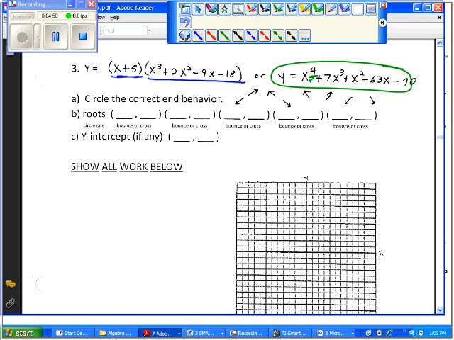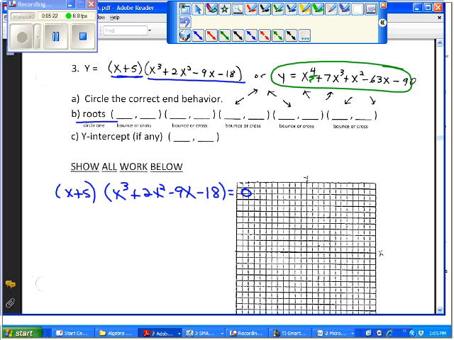Okay? So what we would start with here to find the roots, and we'll talk about that first and then we'll go back to end behavior, is we're going to have x plus 5 times x cubed plus 2x squared minus 9x minus 18 equals 0.